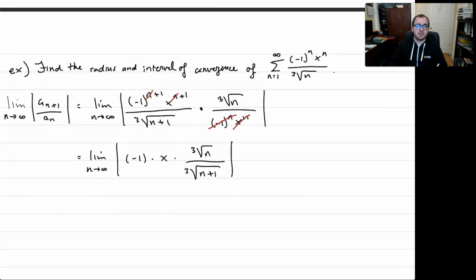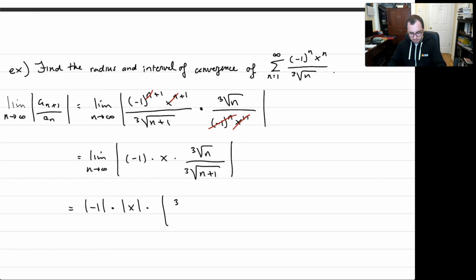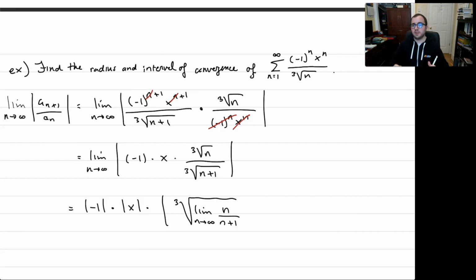Now I'm going to use the limit rules to pull that limit into this expression. So this is the absolute value of negative 1 times the absolute value of x times the absolute value of the cubed root of the limit as n goes to infinity of n over n plus 1. So I combined the cubed roots and then I pulled the limit inside.